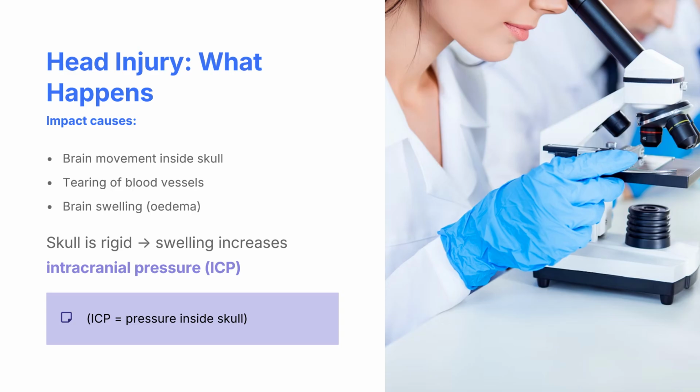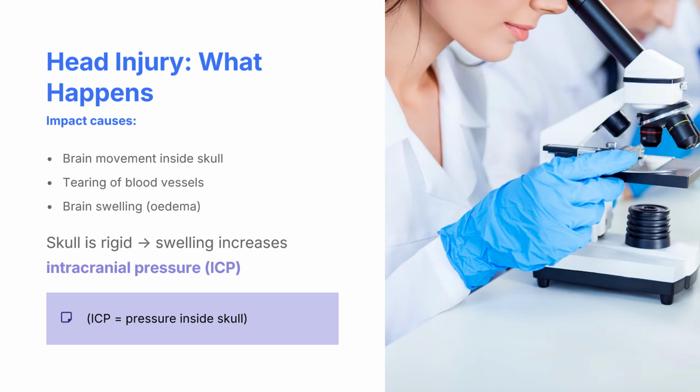Since the skull is rigid, the swelling will increase the intracranial pressure. This pressure is really dangerous, and it alters the cerebral perfusion, as we had seen in the hydrocephalus case. So this is swelling inside a closed box, and compression of the brain occurs, which is dangerous.